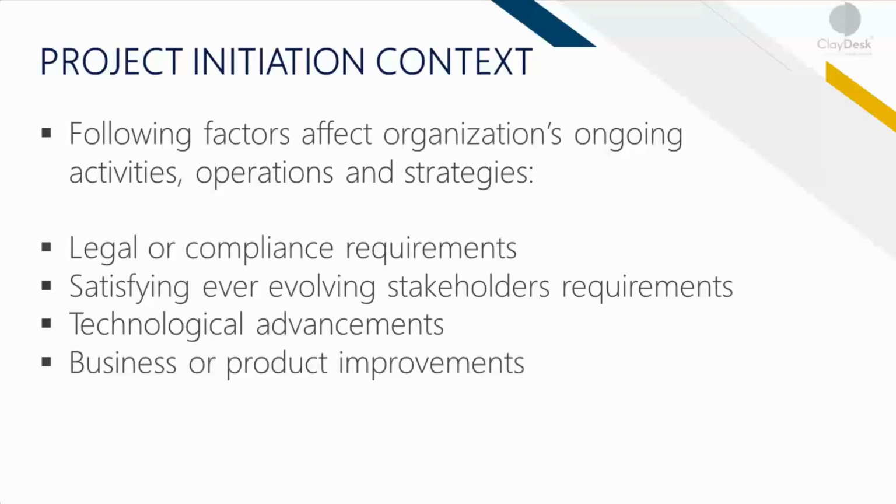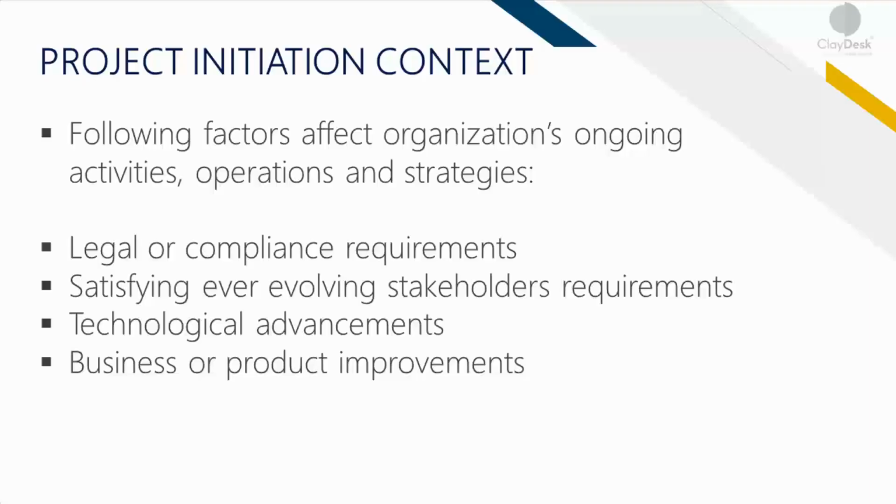Projects provide the means for companies or organizations to successfully make the change necessary to deal with these factors. And the factors ultimately should link to the strategic objectives or goals of the company and the business value of each project. So essentially, there are four broad areas that you need to take a look at and know. First, the legal or social requirements that impact the project or that become part of the project.